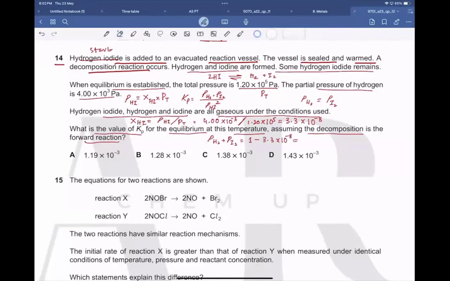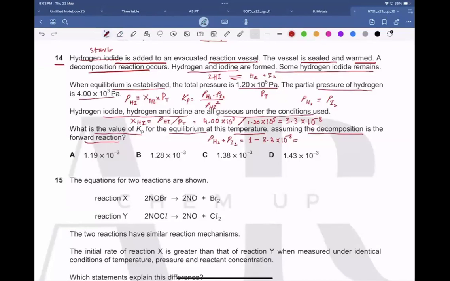Can anyone calculate it and tell me the answer, please? Just 1 minus 3.3 × 10^-2. Yeah, sorry. Thank you. It's exponent minus 2.